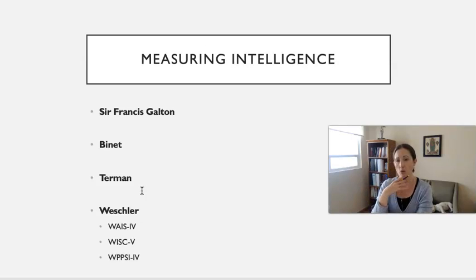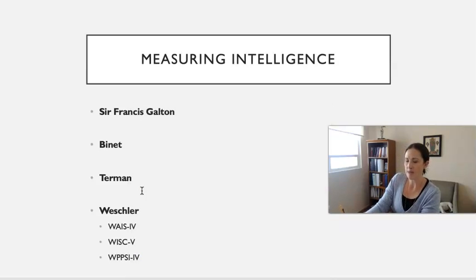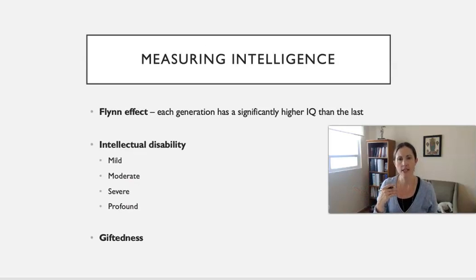And for all these Wechsler tests, there's 5 different categories. You have verbal comprehension, visual spatial ability, fluid reasoning, working memory, and processing speed, as well as a full scale of intelligence. And regardless of the test, whether it's Stanford Binet or Wechsler, they have to recalibrate the score, and that is because of the Flynn effect.